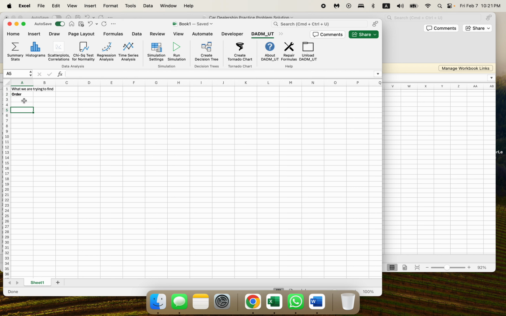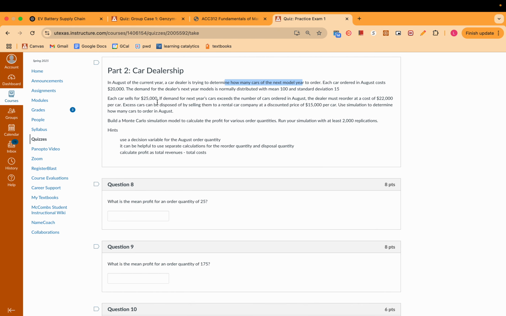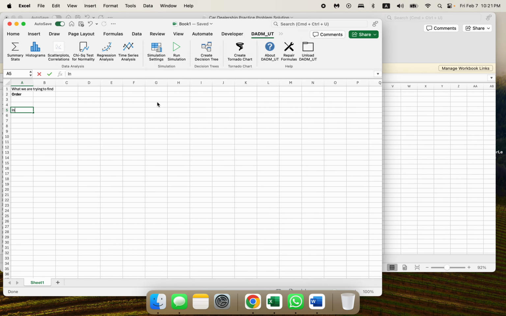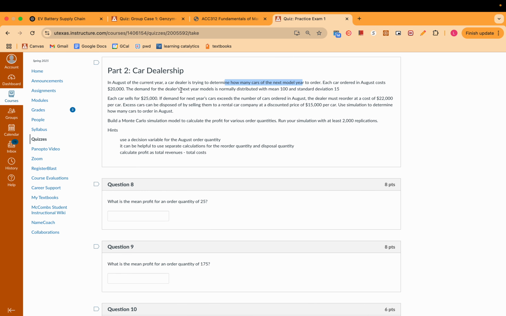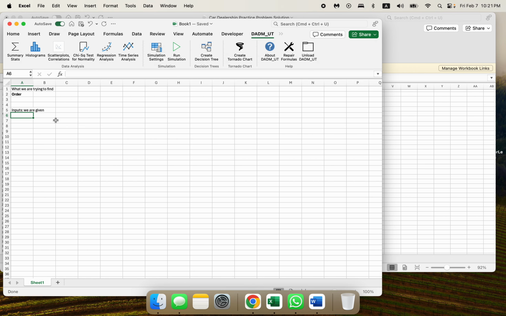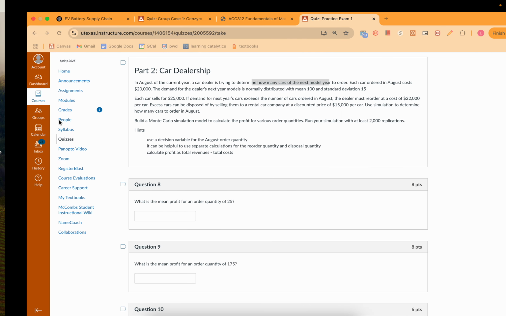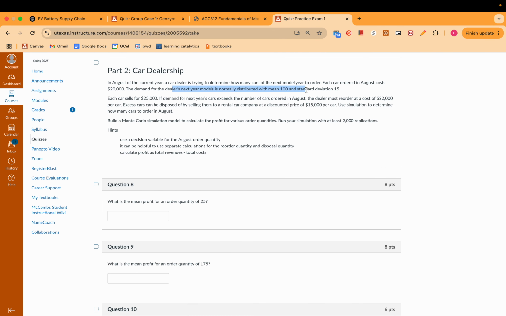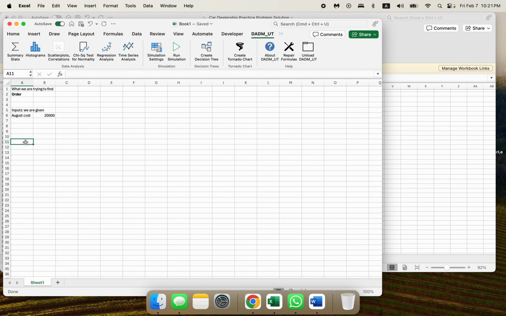Next we have some certain inputs we are given. We are given an August cost of 20,000. We also know demand is something that we don't really know.